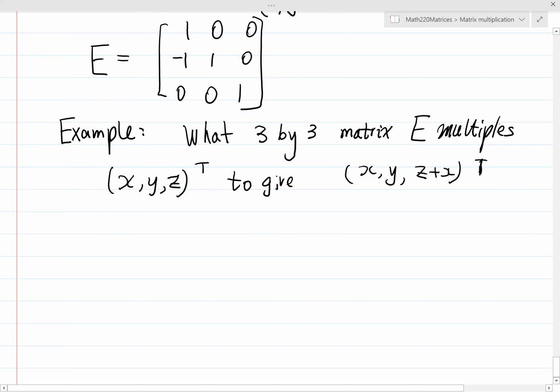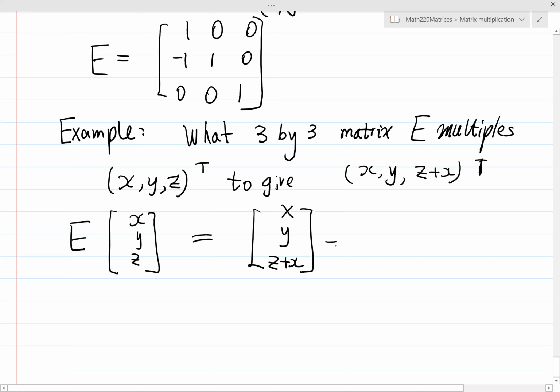Now this says we want a matrix E such that when we multiply (x, y, z), we get this (x, y, z plus x). We can write it in this form: split x, y, z.